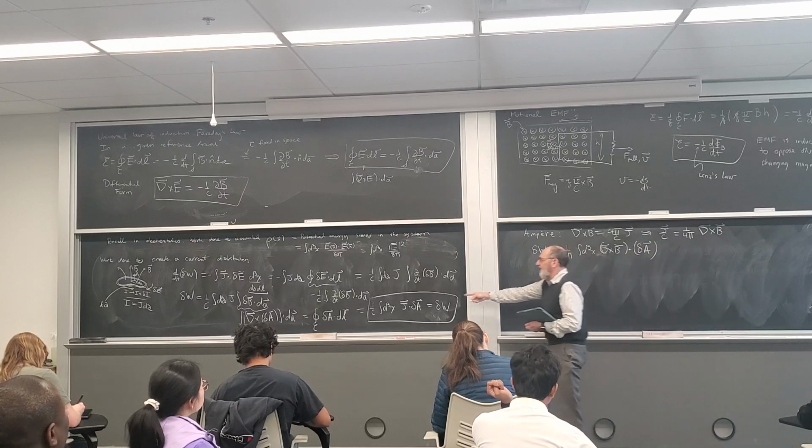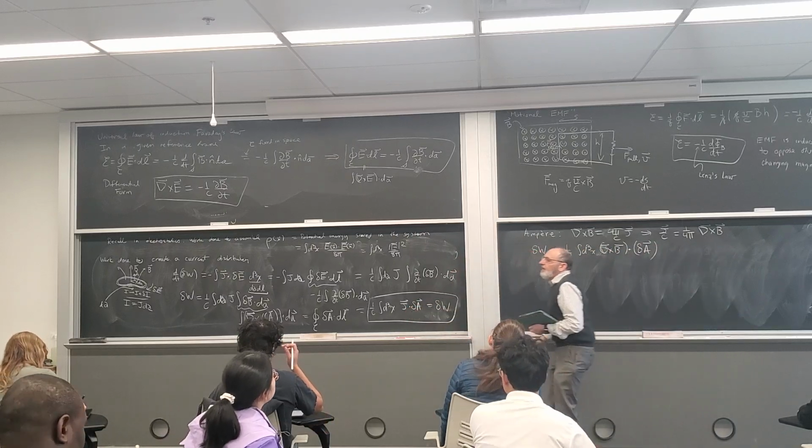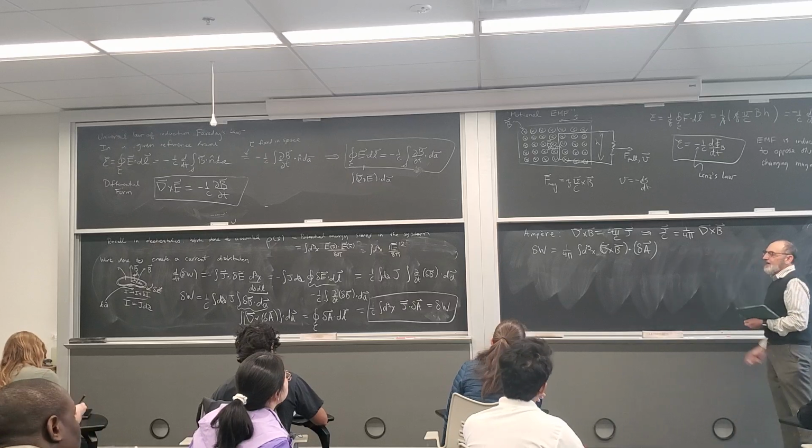Just substituting in that J is always related to the local curl of B.